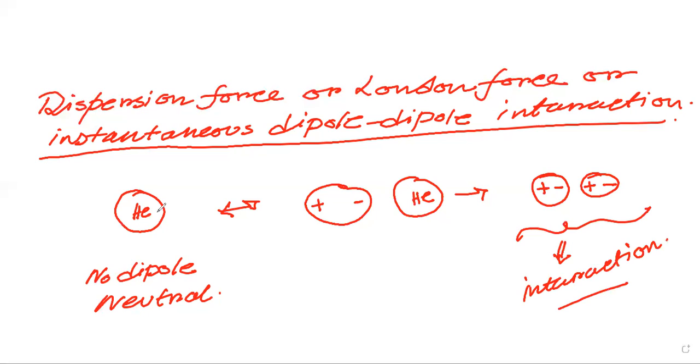Here we see that the atom was completely non-polar and neutral. But due to resonance, it acquires some dipole, and due to that dipolar structure, it induces another neutral atom to become dipolar.